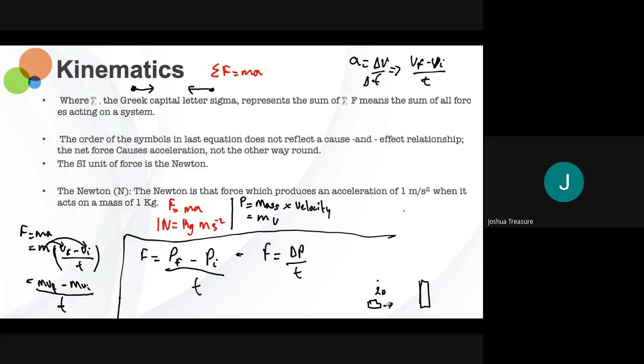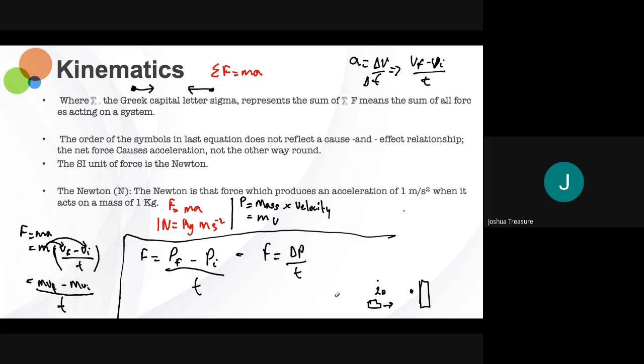Now, when it collides, let's say the momentum changes to zero because there's no velocity. The car stops at that particular light post because of that quick change in momentum in a split second. That's the amount of force that will be exerted on this light post, and this light post might even fall over because of that force. So that's how you really relate Newton's second law to momentum.